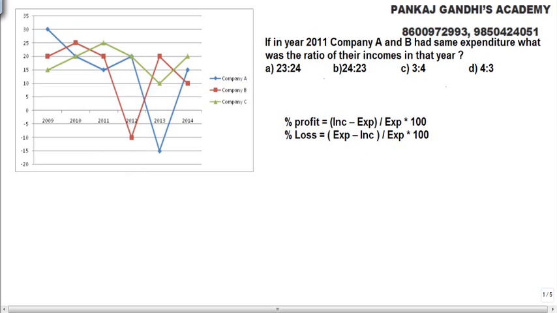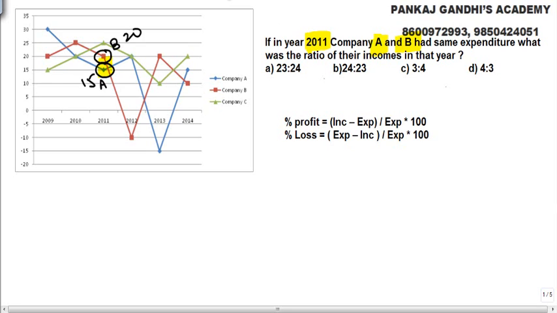Question given here is, in 2011, A and B had the same expenditure, amount of expenditure is same. Listen, 2011, A's profit percentage is 15 and B is 20.